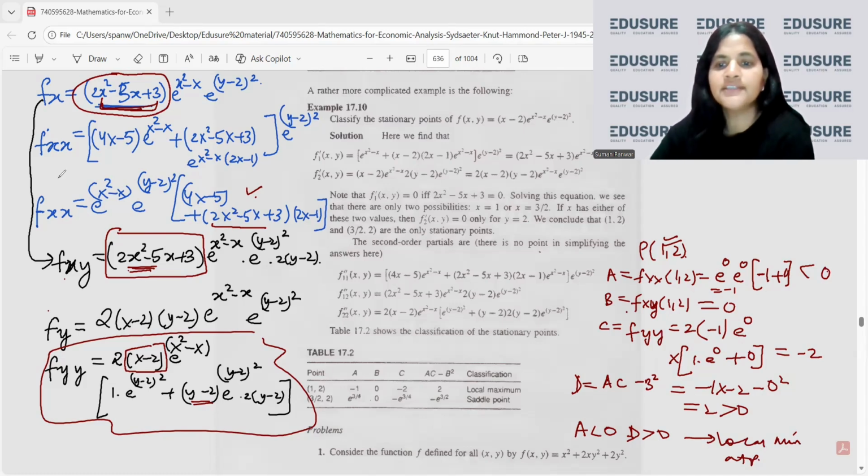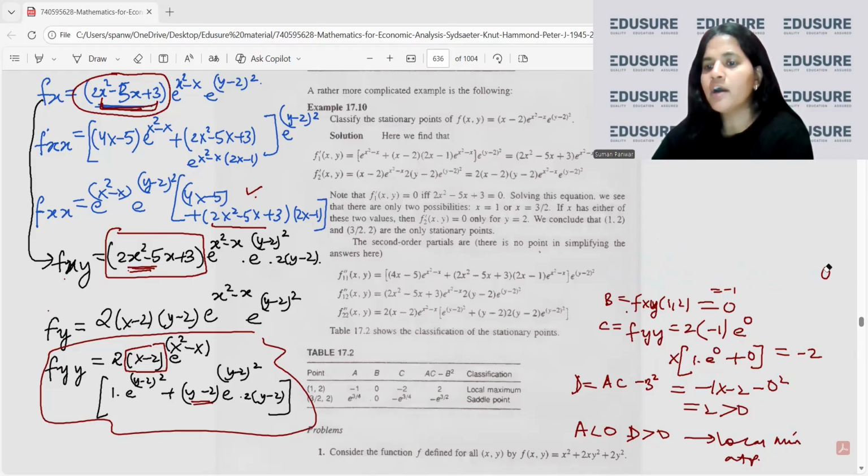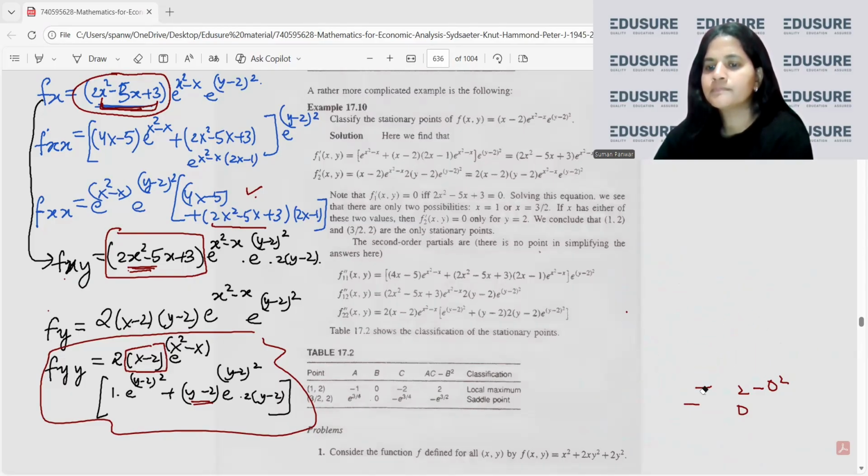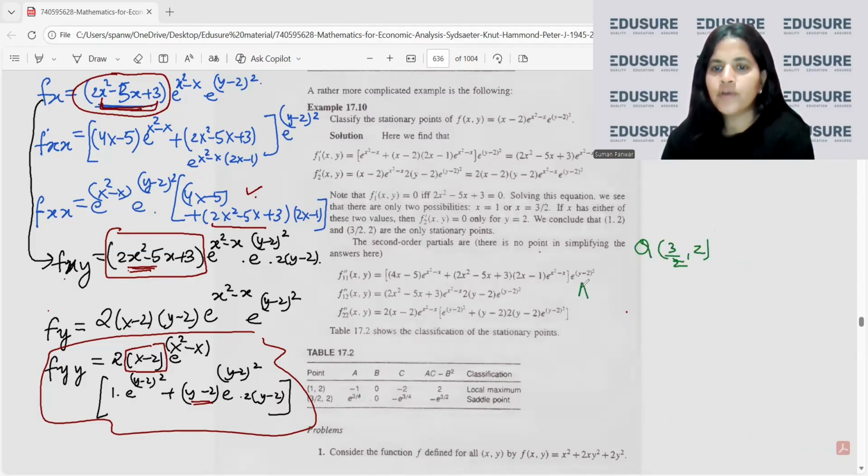And now let us check the same thing for Q. Just because these expressions are very lengthy, it is very important that we are very careful. So let us do it. Okay. So now my next point is Q, which is 3 by 2 comma 2. Okay, so let us look at A, which is fxx at 3 by 2 comma 2.